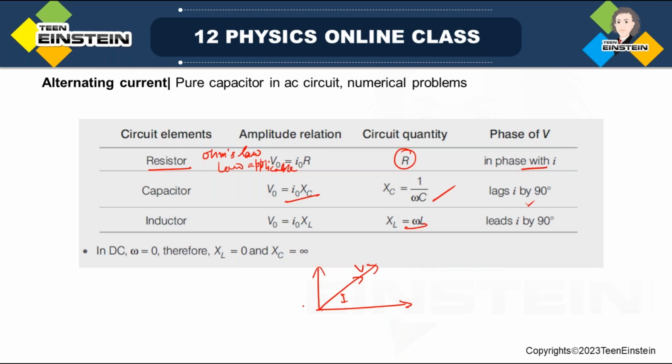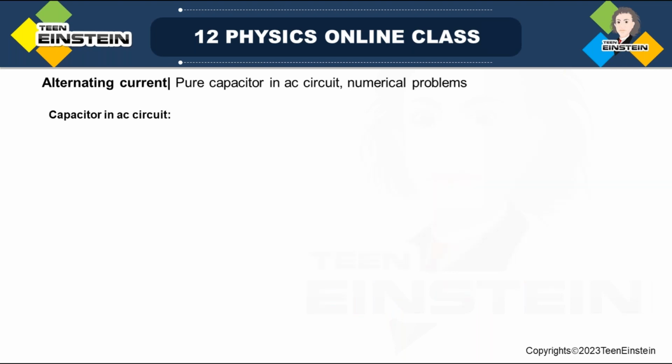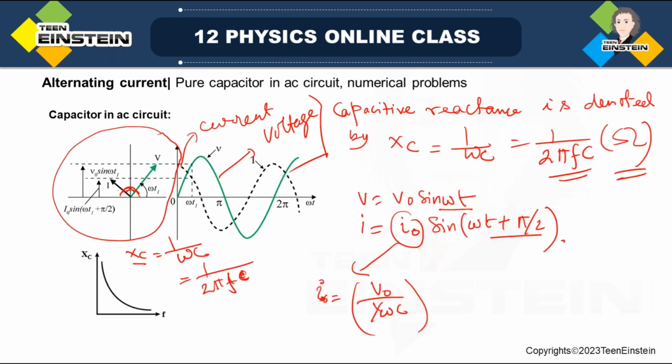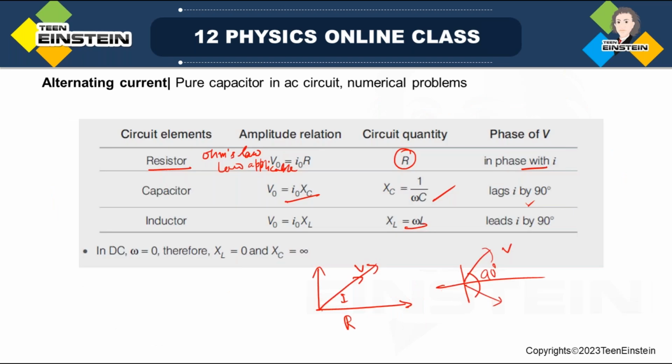So this is the case for a pure resistor circuit in AC. The inductor case we can draw. In the inductor case, the current will be lagged compared to voltage. So this is 90 degrees.